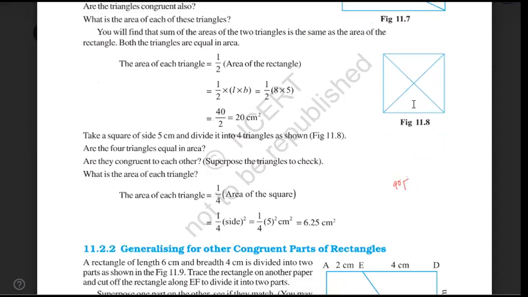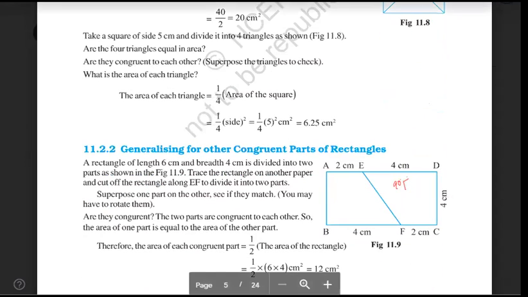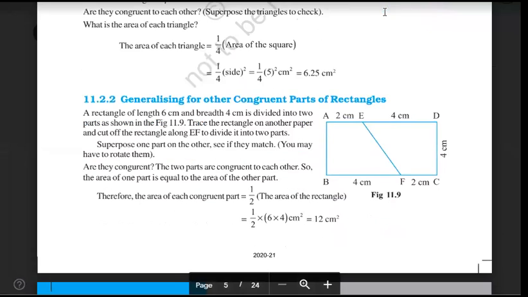Now think about this, guys. I hope all of you understood congruency. All of you have studied congruency. Just see this figure.